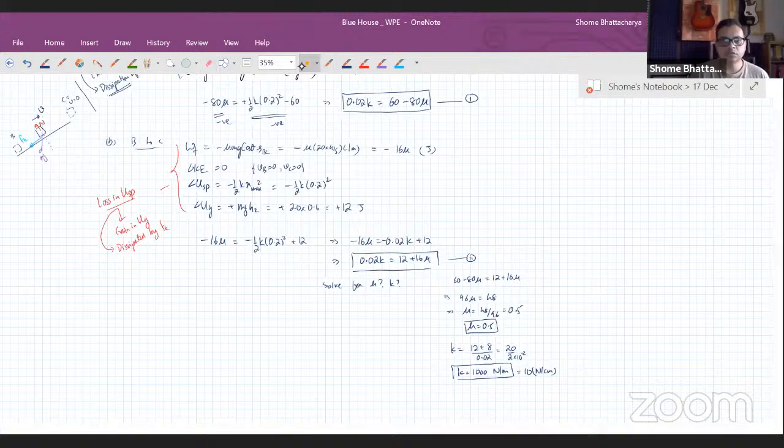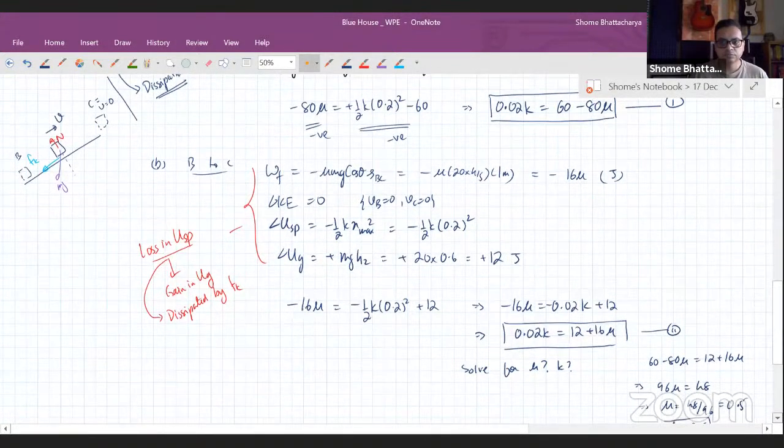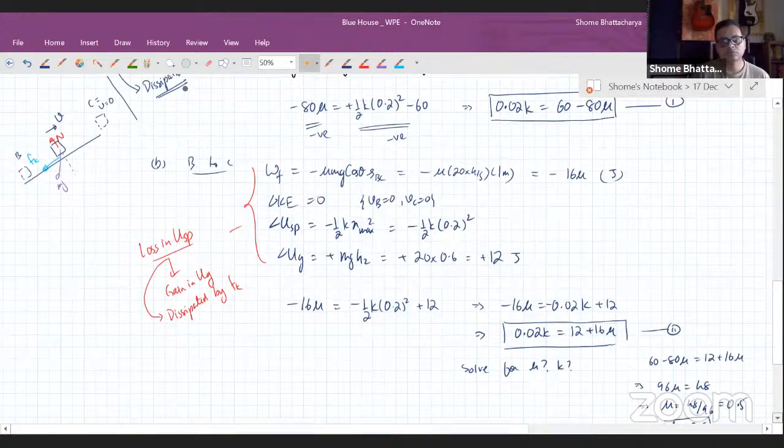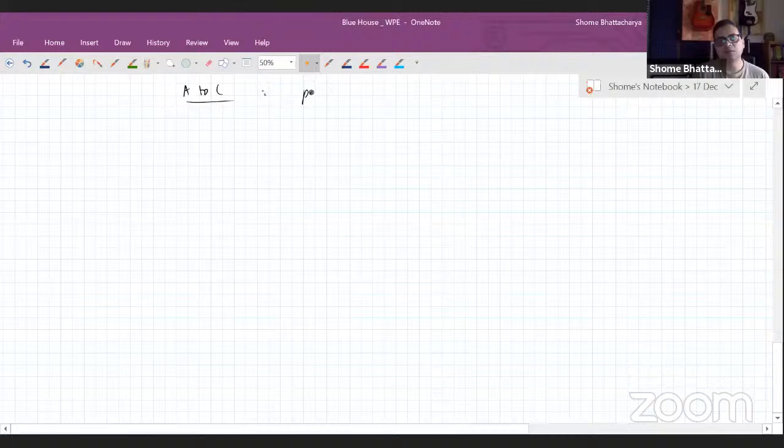Okay, so now let's see what we'll get if we apply it from A to C. But remember, in this our path is A to B to C, so we have to consider that whole path.